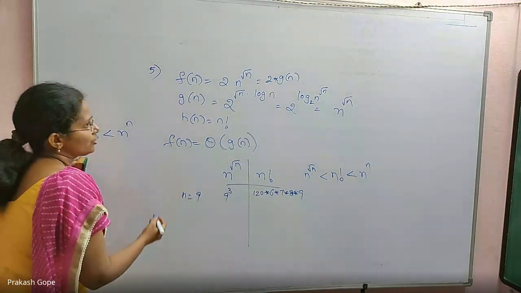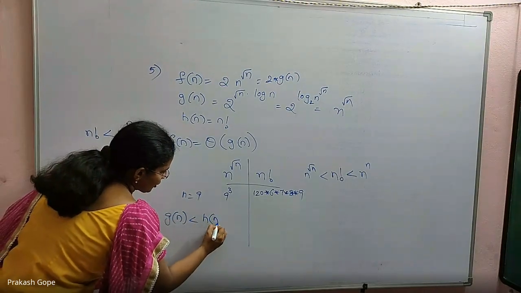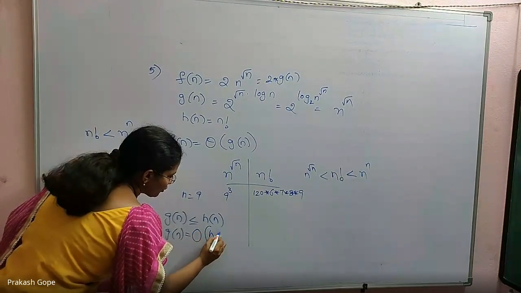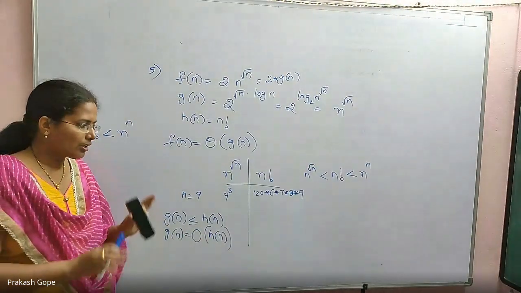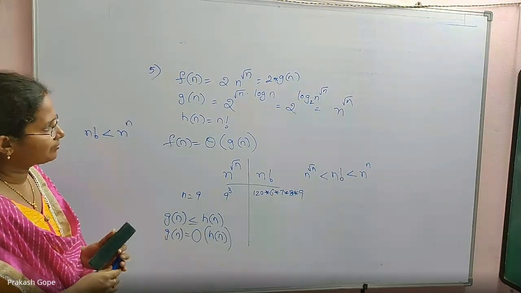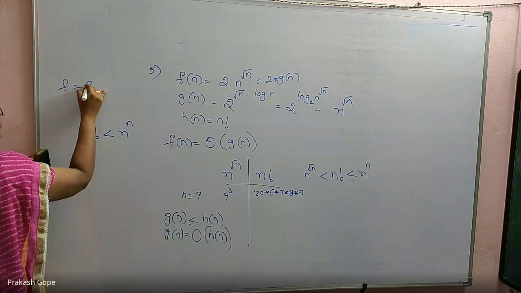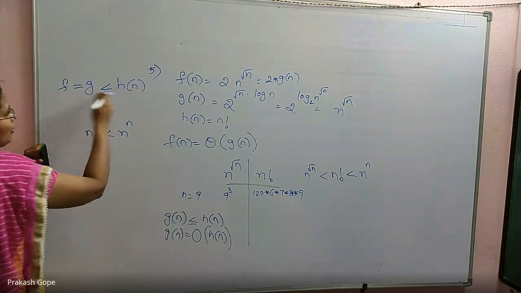We know that g of n function is less than h of n function. So g of n is equal to big O of h of n, or h of n is equal to big omega of g of n. What is the relation? f of n is equal to g of n, which is less than h of n. Now we understood the relation.